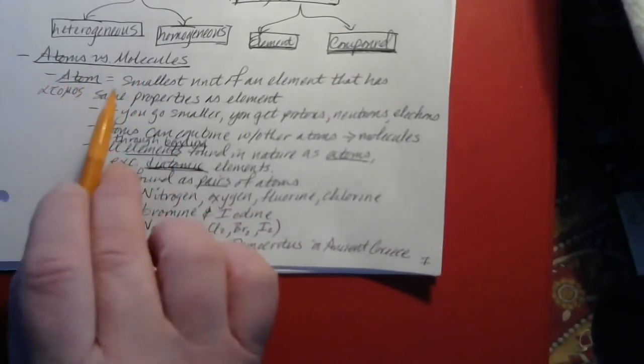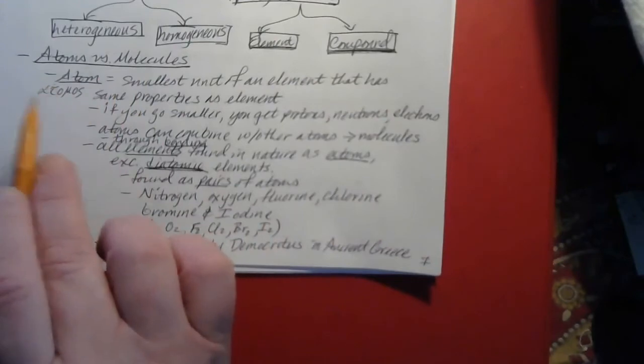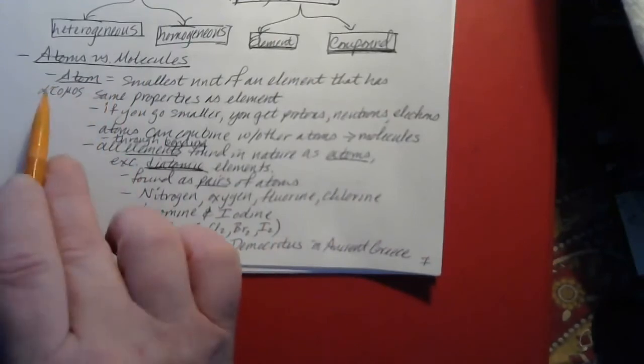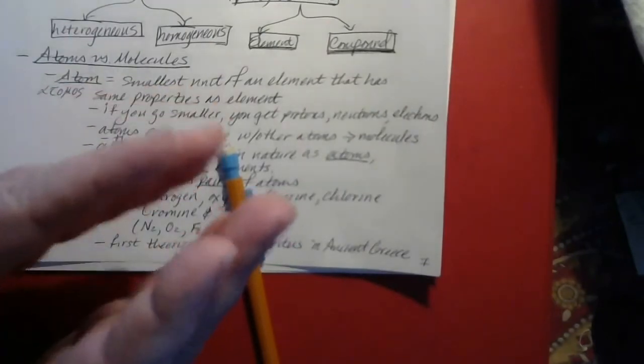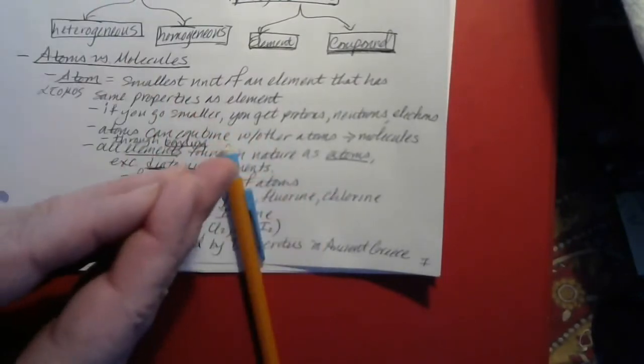Atoms, the word atom comes from the word atomos in Greek, which I've done my best to write out in Greek there, which literally means cannot be cut or can't be subdivided. And that's because atoms are the smallest building block of matter. Atoms are the smallest unit of a given substance or a given element that have the same properties as that element.